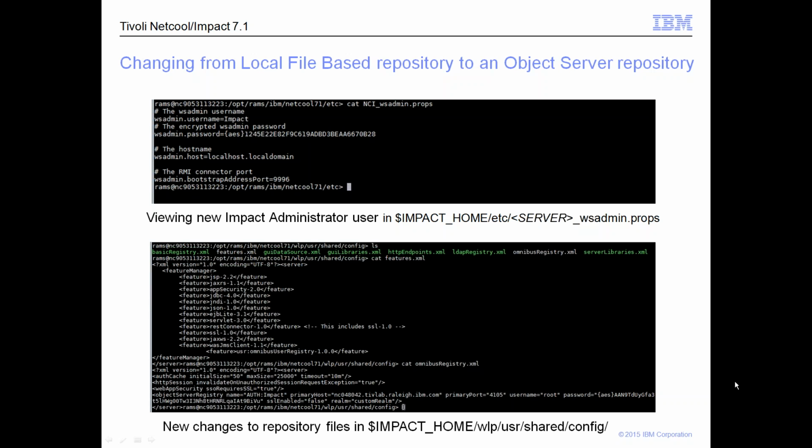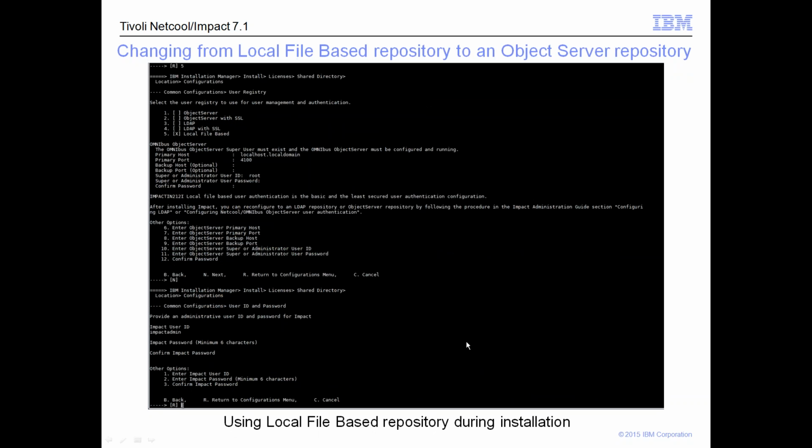Yes, that helps, Ramsey. And I think he wanted to know that in your examples, the impact is the user that's in the object server, and you had impact admin was your file-based repository user. Exactly. That's exactly what it was. During installation, again, we'll go back to that screen if I can.